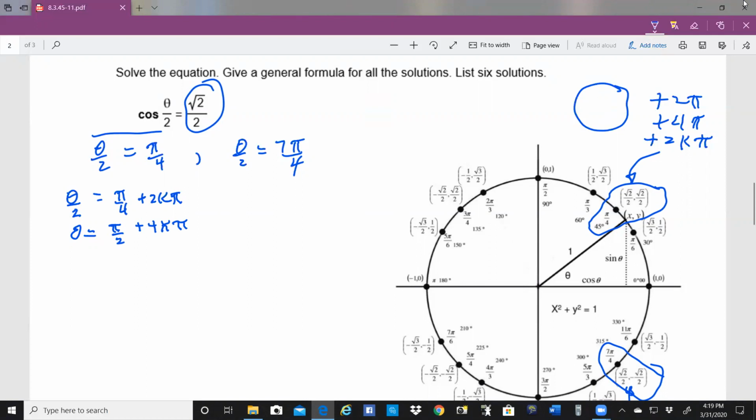And for the larger angle, we also get theta over 2 equals 7 pi over 4 plus 2K pi. Notice I used an uppercase K and a lowercase k. Multiplying through by 2, we get theta equal 14 pi over 4 plus 4k pi.